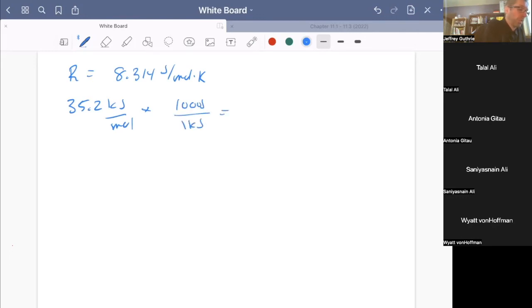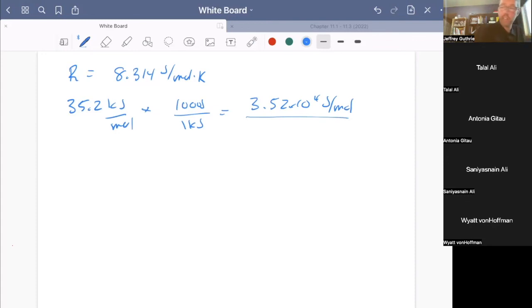So that's going to equal 3.52 times 10 to the 4 joules per mole. Right, so now we have the right delta H. The other thing we have to look at is the temperatures.